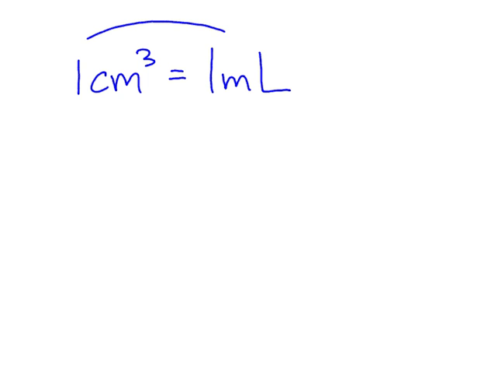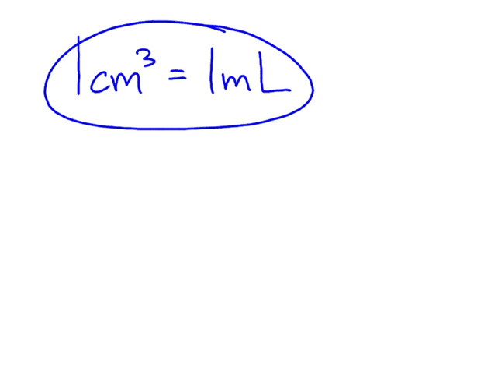But for right now, just understand that there is one relationship that's going to make life a lot easier: 1 centimeter cubed is also 1 milliliter. This is an equivalency that you need to know. I'd say memorize, but you're actually going to store it in your long-term memory because you're going to be using this a lot. So our next is length.